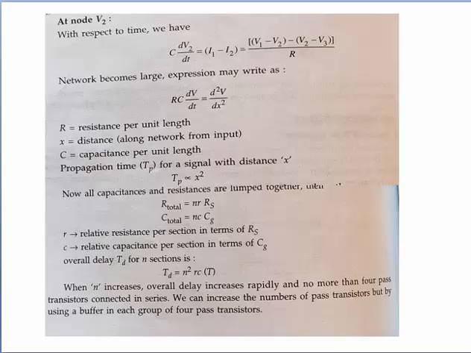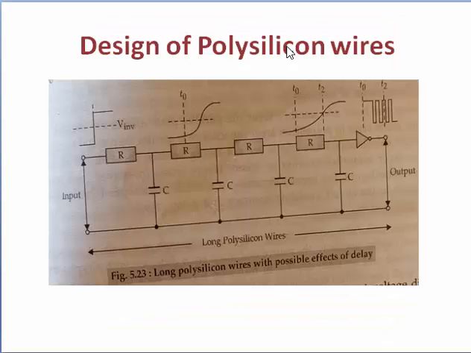Second type of propagation delay is in the design of long polysilicon wires. In long polysilicon wires R and C are connected in series, and the rate of propagation of signal is slow because we are talking about long polysilicon wires, just like cascading pass transistors. So signal propagation rate is slow when it goes from input to output.